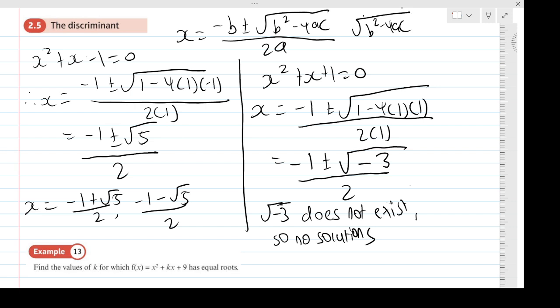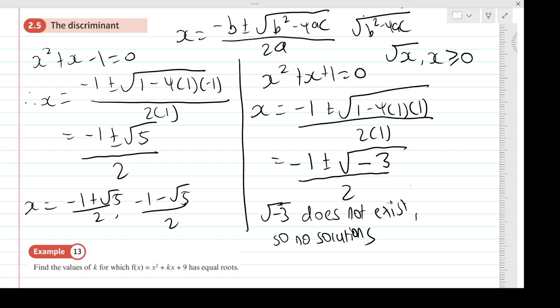So it turns out whether or not you get a solution to a quadratic all depends on the square root, and whether it exists. A square root only works when the number is at least 0.